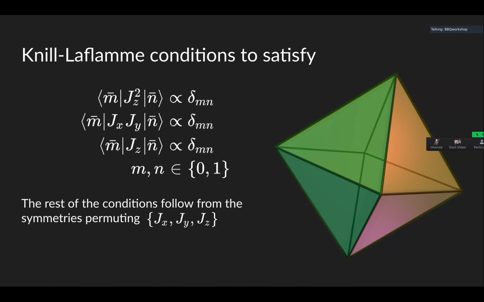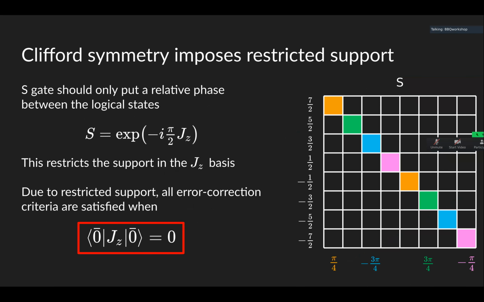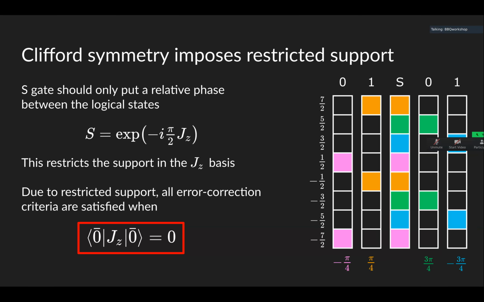And additionally, by realizing that there's some additional structure coming from the fact that I want my physical S gate to perform a logical S gate, you can look at the phases that the S gate puts on your angular momentum states and notice that this creates some restrictions on what kind of support your code words can have in the angular momentum basis. And when you work things out, you'll find that all of my conditions reduce down to just a single condition: I need the JZ operator to have vanishing expectation value on the code words. So that's nice. This is something that's very, very simple to check once you have some candidate code spaces.